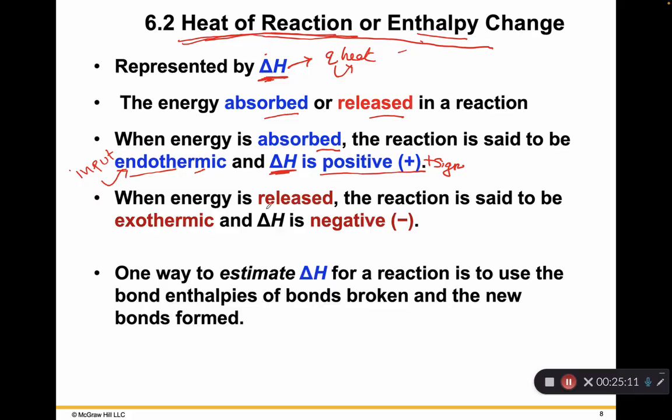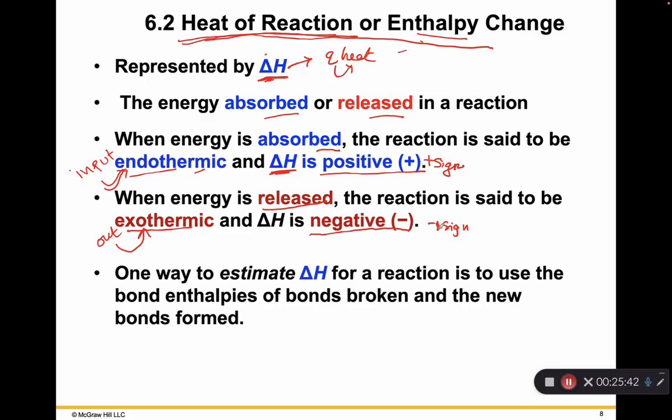And whenever the energy is released, we call it an exothermic reaction. Exo means out. Exothermic means energy is released. Endothermic means in; you have to supply the energy, you have to input. So exothermic reactions will have a negative delta H value.